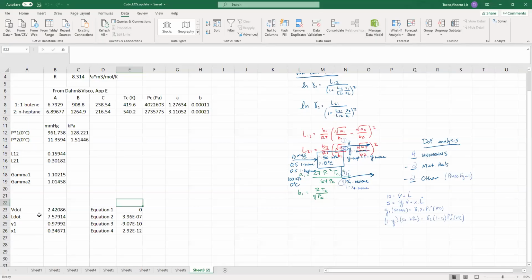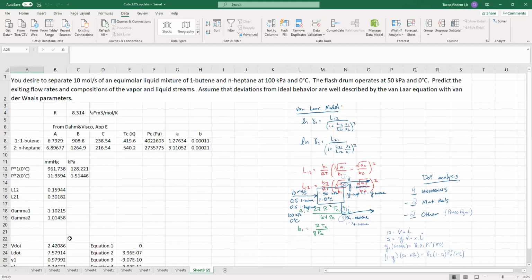Okay, so this tells me that about 25% of the mixture vaporizes. So I've got 2.4 moles per second that is vaporizing, and the composition is going to be primarily my component 1. So 97.9 or 98%, if we're rounding, of 1-butene, and about 35% 1-butene remaining in the bottoms.